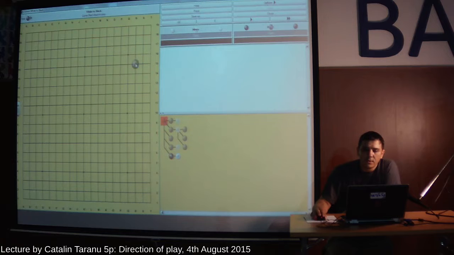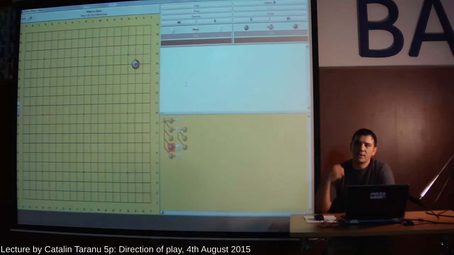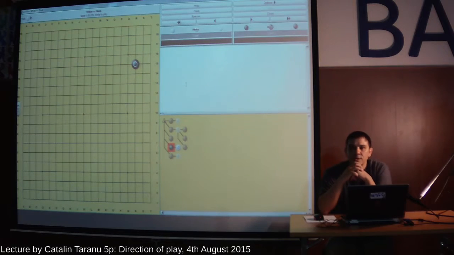So the idea of this stone on the fifth line is actually extreme orientation towards the center, but it's a strange combo, this corner opening, because it's a combination of the fifth line and the third line, and the third line is the territorial line. So the message is a bit strange.